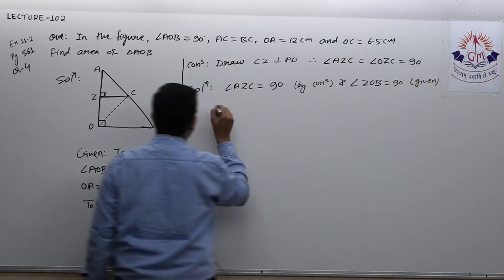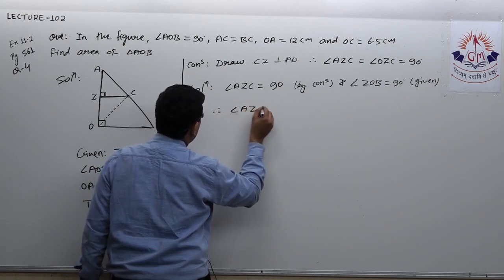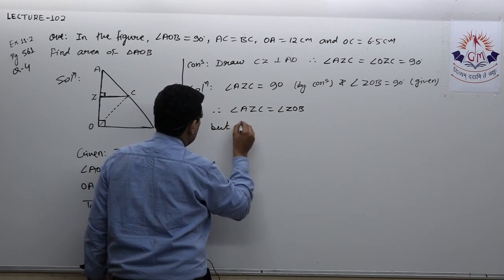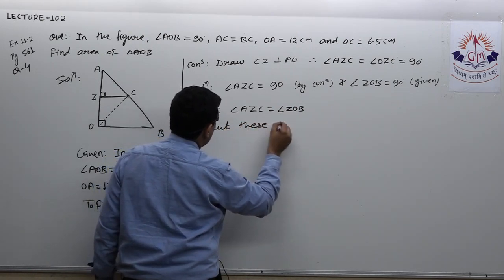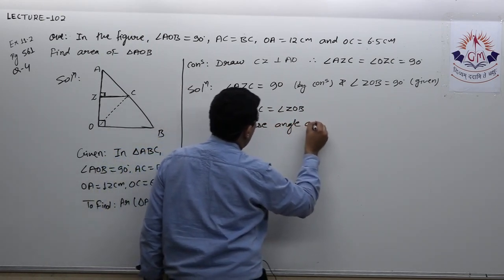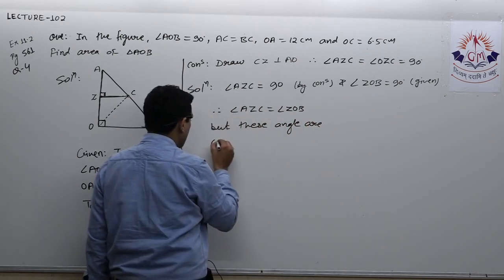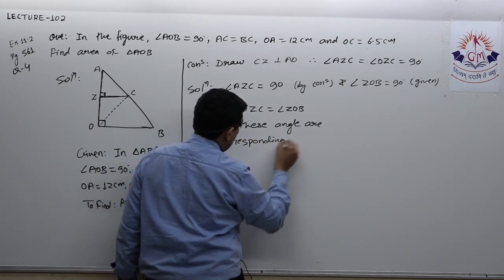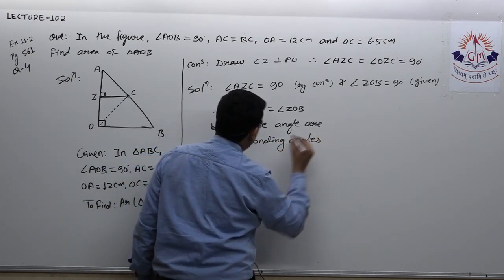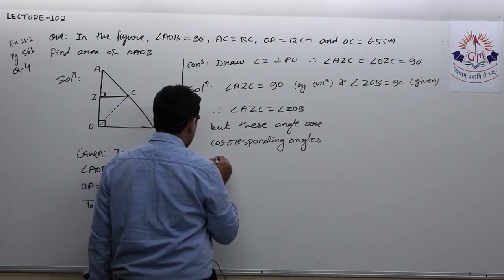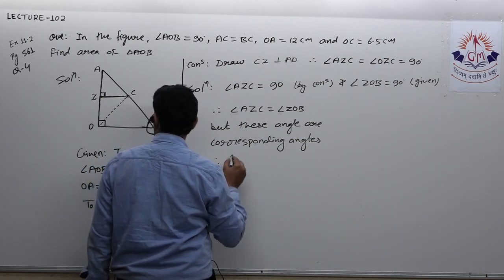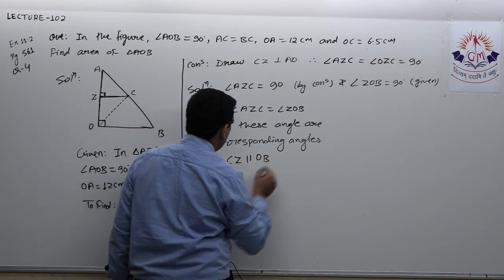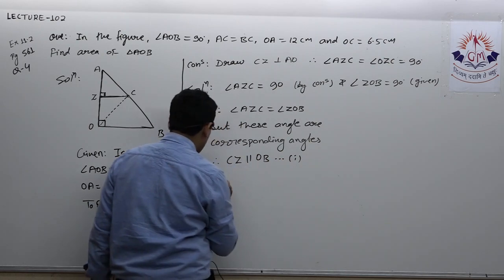Therefore angle AZC is equal to angle ZOB, but these angles are corresponding angles. Therefore, I can say CZ parallel OB. Let it be 1.